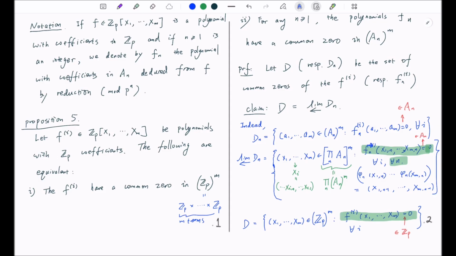Because if you just compare the left-hand sides, you will see the left-hand side here is a reduction of the left-hand side here, by passing from Z_p to A_n through modulo p^n. The coefficients here are from the coefficients here through this reduction, and those x_i's are also reductions of x_i's here modulo p^n. So those two shaded statements are equivalent.